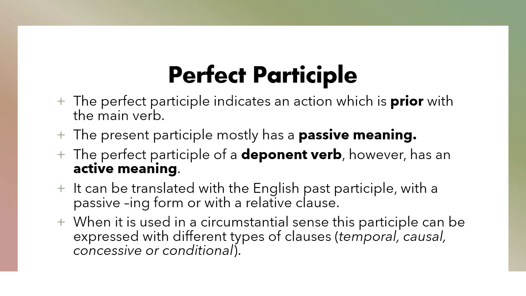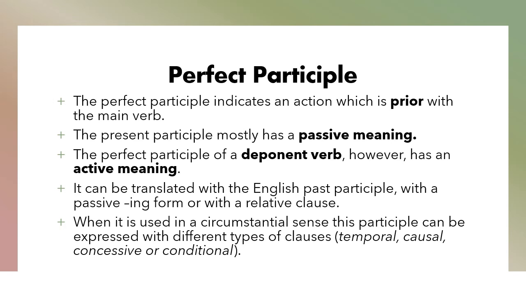However, if the perfect participle is the one of a deponent verb, it has an active meaning, because we know that deponent verbs have passive forms but active meanings. In this case, the perfect participle is no exception. It can be translated in English with a normal past participle, with a passive ing form, or with a relative clause.